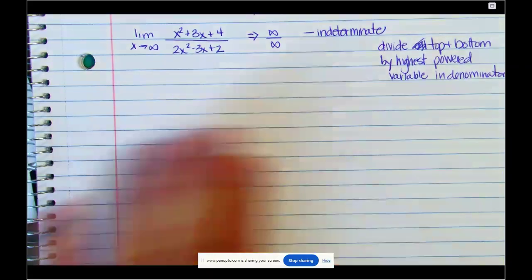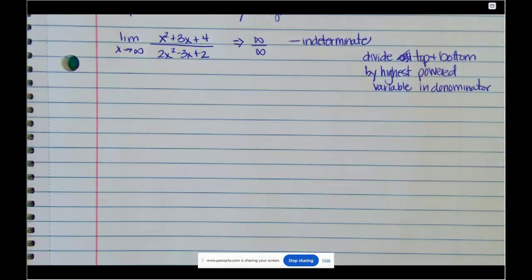Okay, so what's my highest powered variable? X squared. So not the 2, just the x squared, so just the variable.